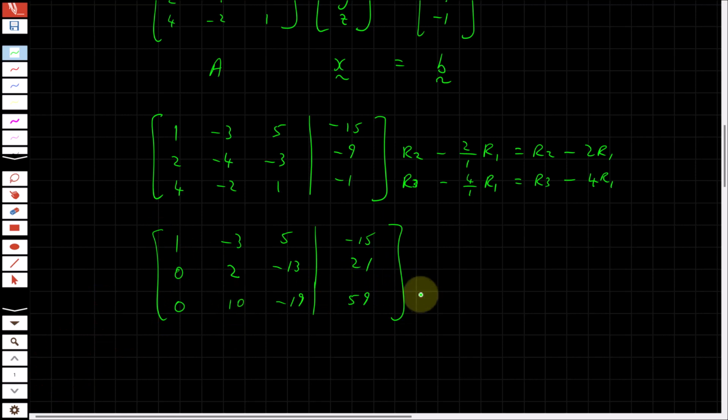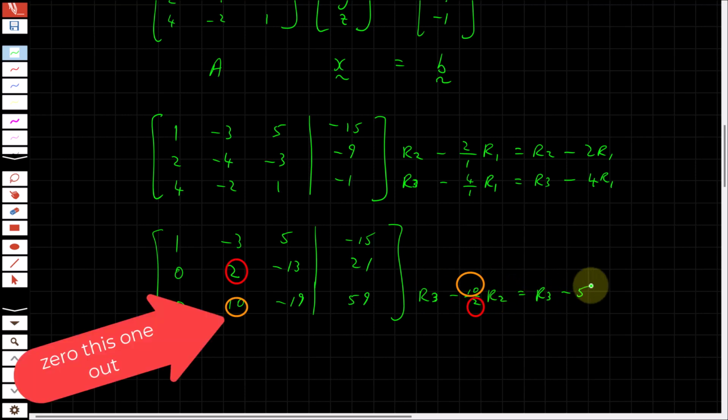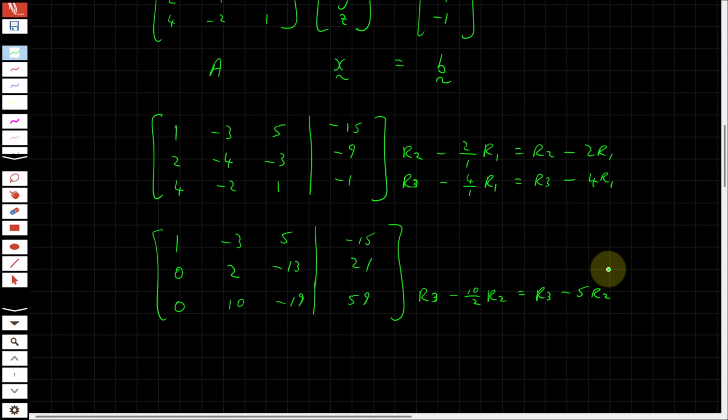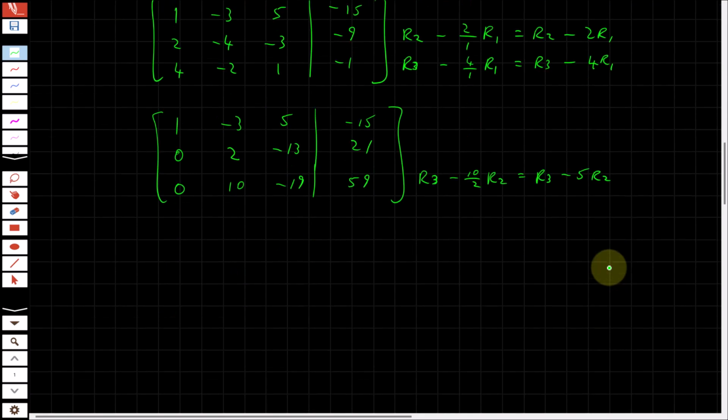Now row 2, column 2 becomes the new pivot, and we need to 0 out column 2, row 3, the 10 there. So we divide by the 2, which is the pivot there, and carry out that row operation.